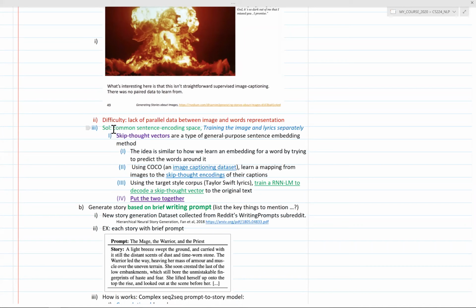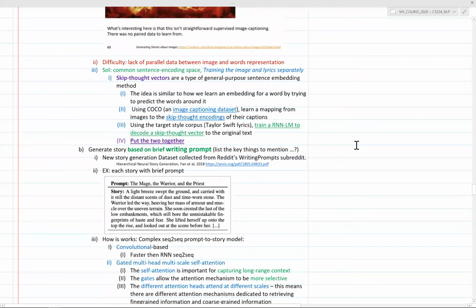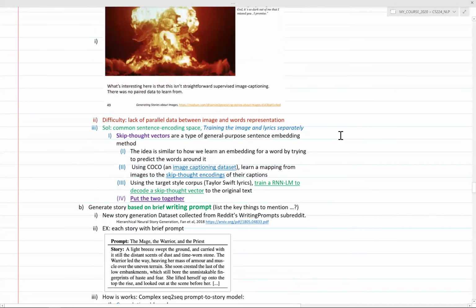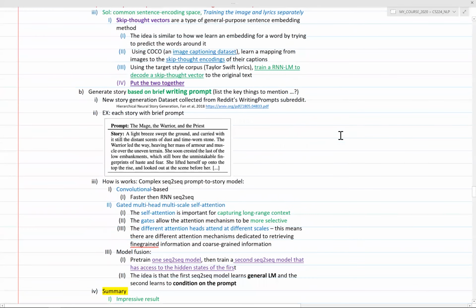We used skip-thought vectors as a general-purpose sentence embedding method. So basically we train the pictures and the lyrics separately, and finally put them together to finish this task.